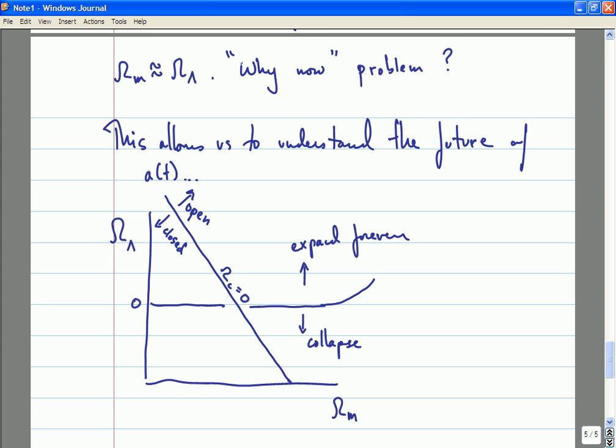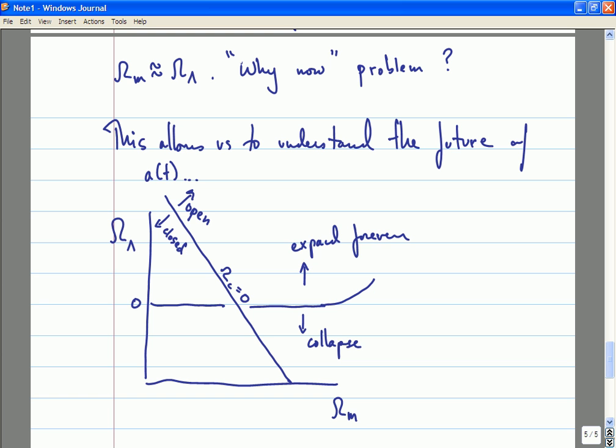Our universe could be open and still collapse? Absolutely. How does that work? If the universe is open and it collapses, so if the cosmological constant were negative... when I wrote down my equation for the evolution of the scale factor with a cosmological constant, I, with malice aforethought, had taken the cosmological constant to be positive.